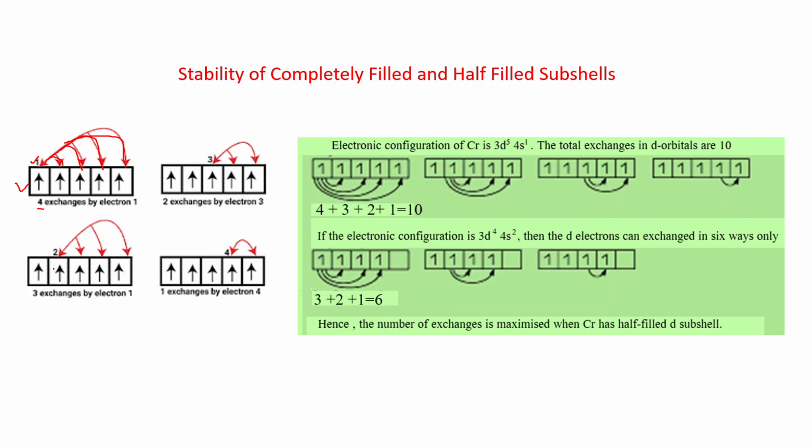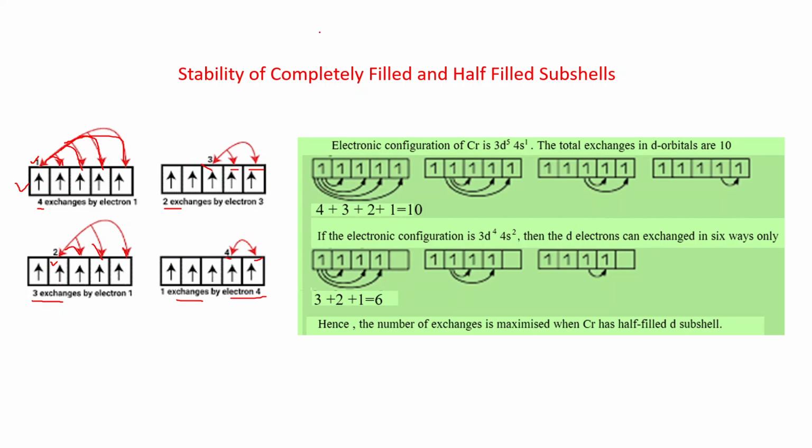In the same way, the second electron can exchange its position with these 3, so it has 3 exchanges. The third electron can exchange with these 2, so it has 2 exchanges. And the fourth electron can exchange its position with this one, so 1 exchange.